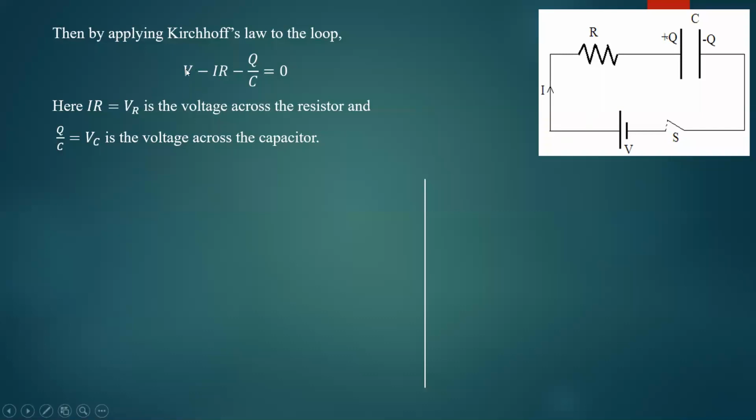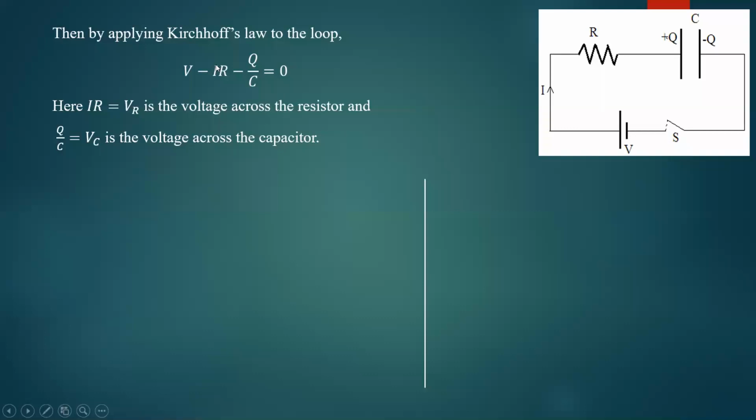The voltage across the battery is V, minus the voltage across the resistor, I into R, minus the voltage across the capacitor, Q by C, where Q is the charge at any time t.